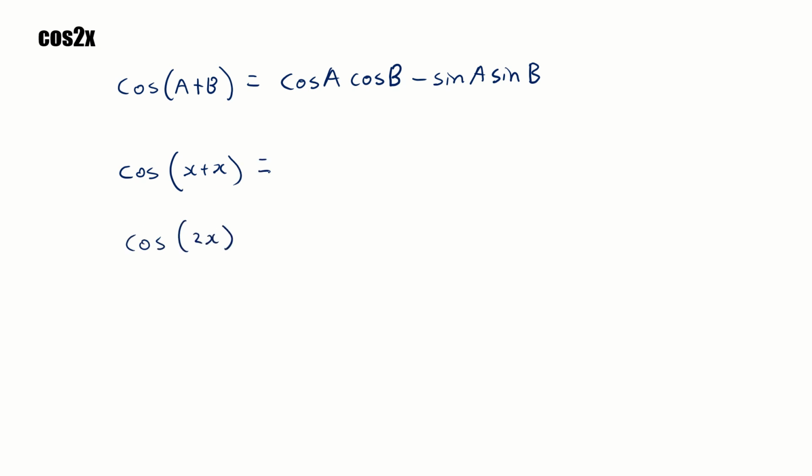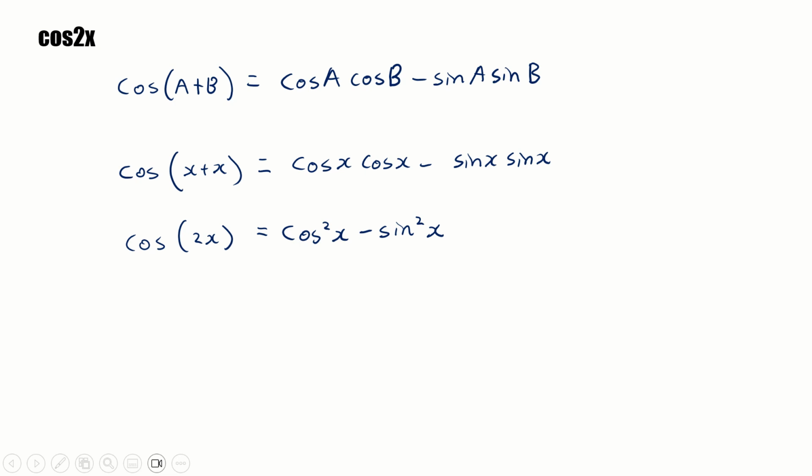On the right hand side, we end up with cos x times cos x minus sine x times sine x, and that simplifies to cos squared x minus sine squared x.